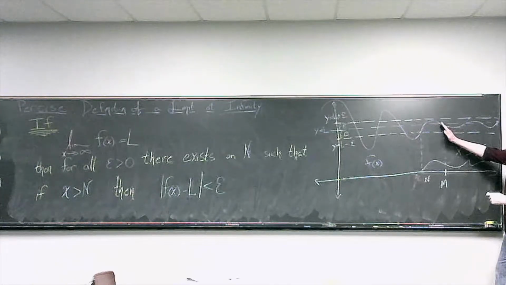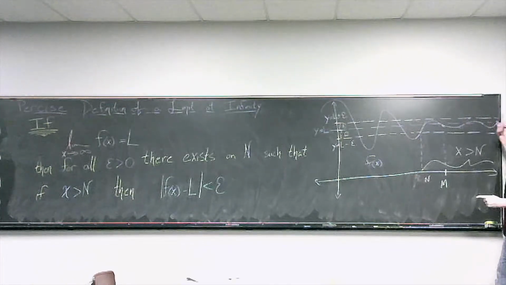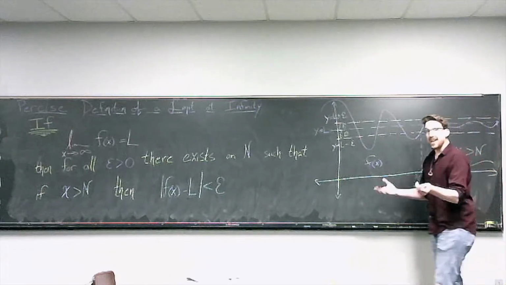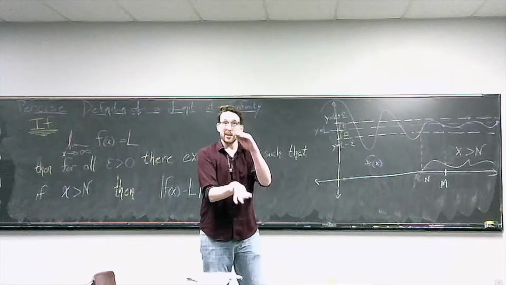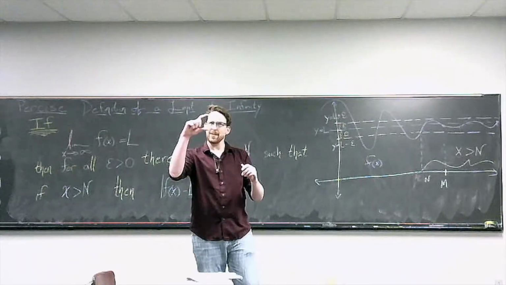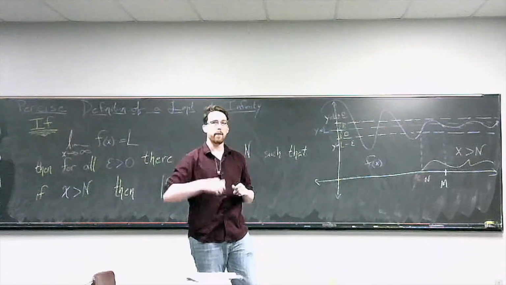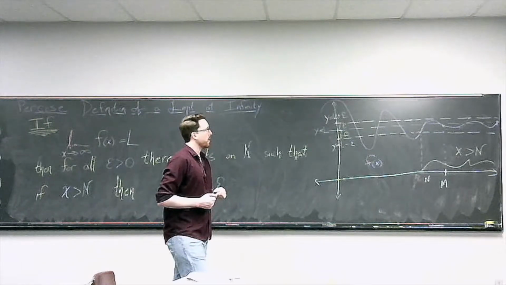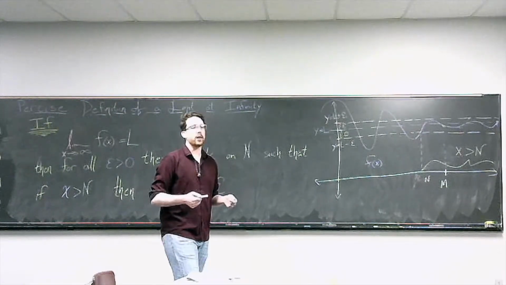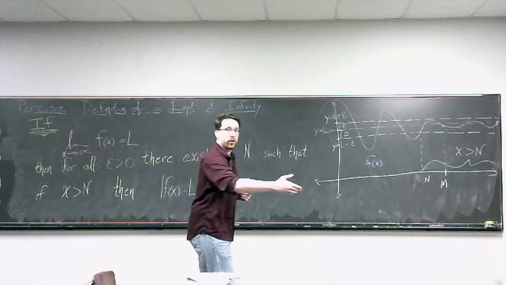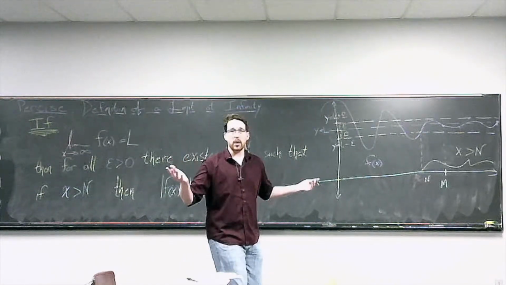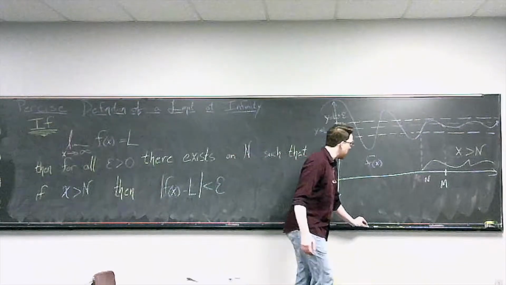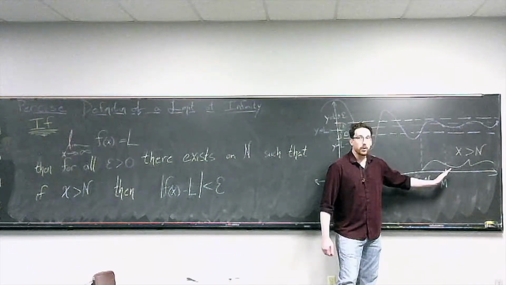And if you were to look at every value of x greater than m, again, your function is bounded above and below by a distance of epsilon from L. And that's what this definition is doing. It's saying, go further. Pick a new value, call that value whatever you want. So start at n, go to m.